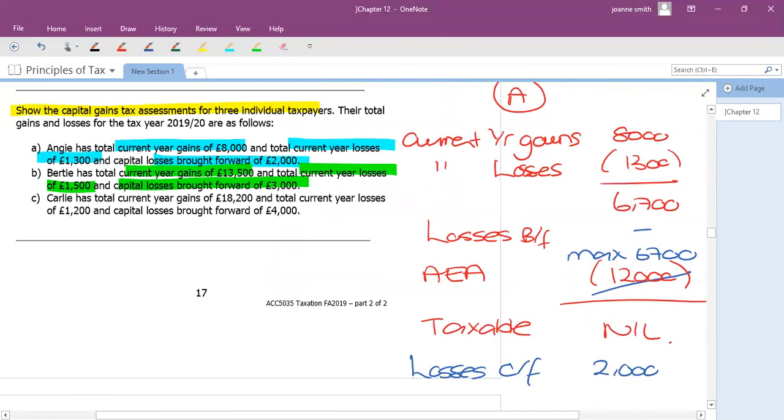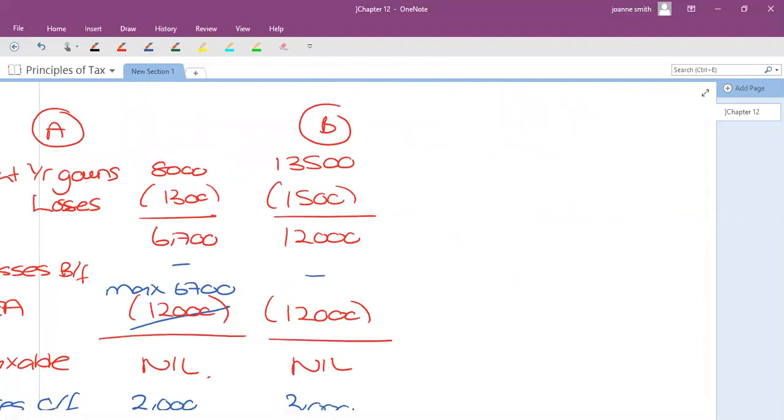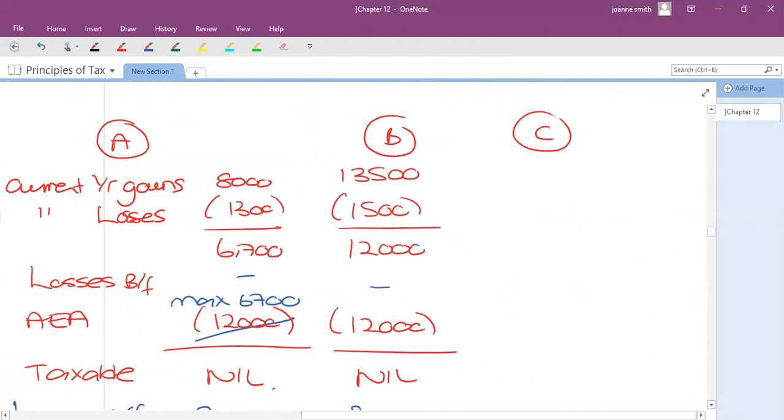And finally, for the third question, Carly has a current year gain of 18,200, current year losses of 1,200, and a loss brought forward of 4,000. So Carly, we will have the gain of 18,200, net off the loss to get 17,000.